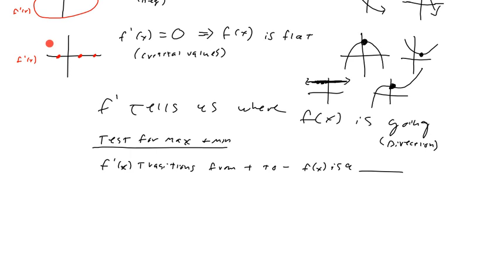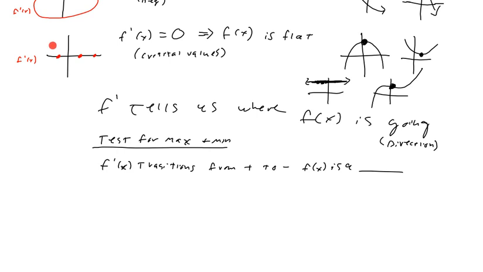With your hands, you can think about what f prime is doing. F prime starts positive. So which direction is my graph going with my hand? Which direction is f going? If f prime is positive, our graph is going up, right?